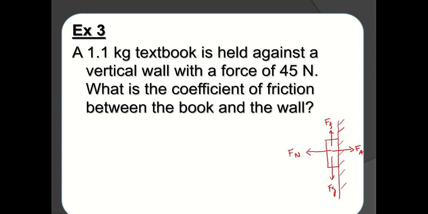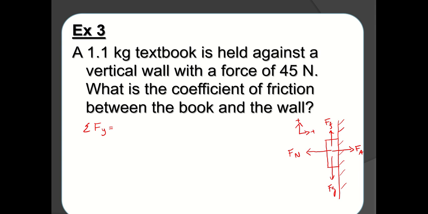All right. So again, the question says, what is the coefficient of friction between the book and the wall? In the previous example, we found the mu on a horizontal surface. Now we have to find the mu acting against a vertical surface. So let's start with our equations, our F net for the y direction. Let's make this positive up and positive to the right.